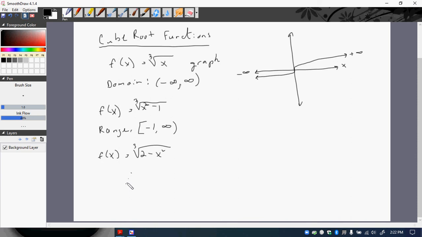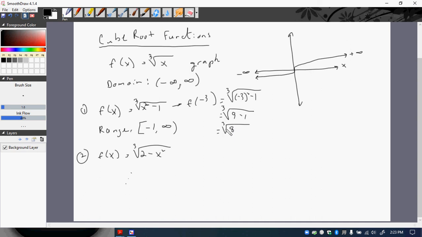If we wanted to look at these two equations and know how to evaluate them, let's do that. Let's say we're doing f of negative 3 on this one. Then we would do the cube root of negative 3 squared minus 1. We always do what's inside, so the negative 3 squared gives me 9. This is positive. And then 9 minus 1 is 8.